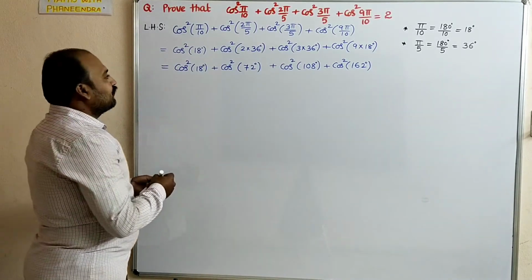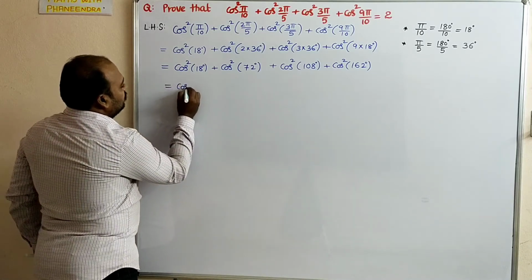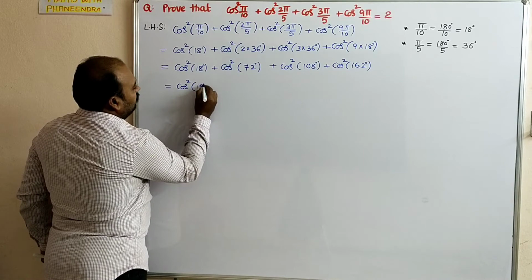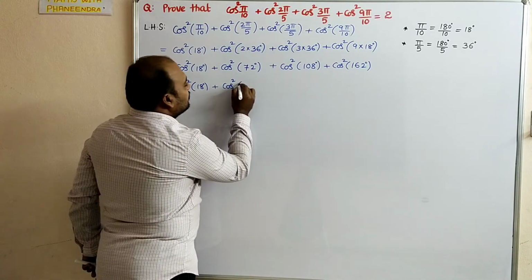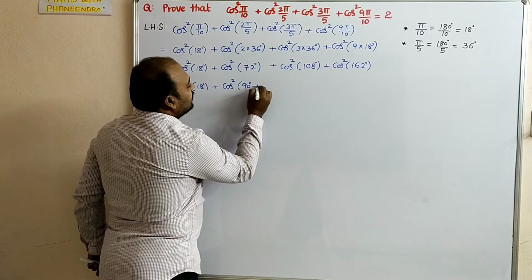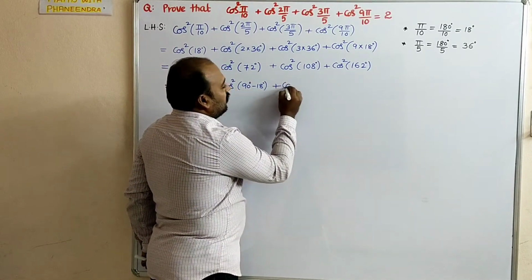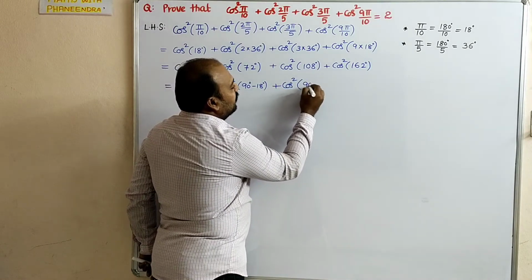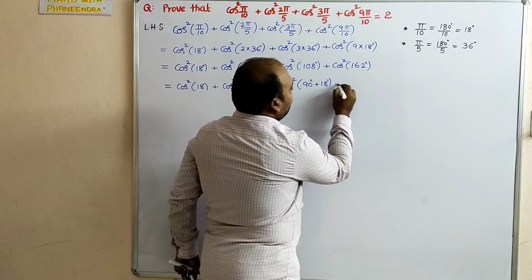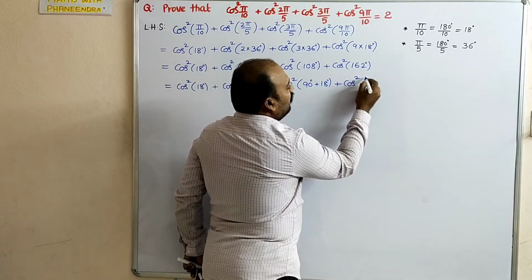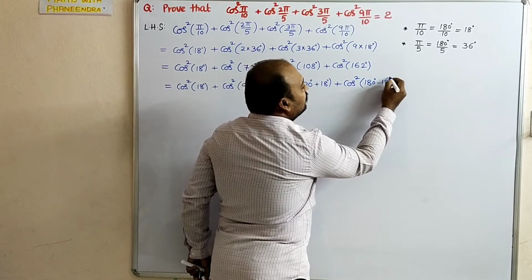So cos square 18 plus cos square 72 can be written as 90 minus 18, plus cos square 90 plus 18, plus cos square of 162 is 180 minus 18.